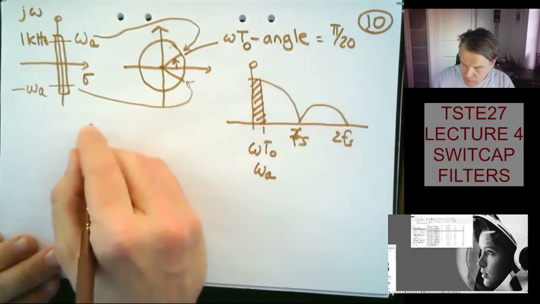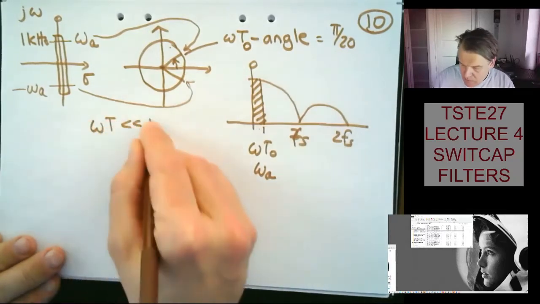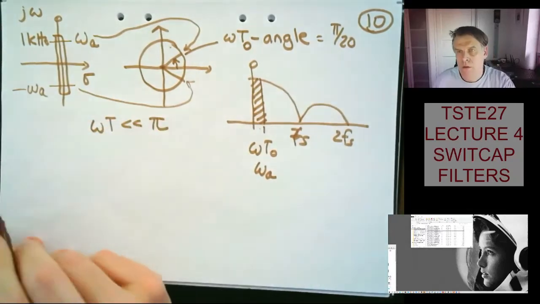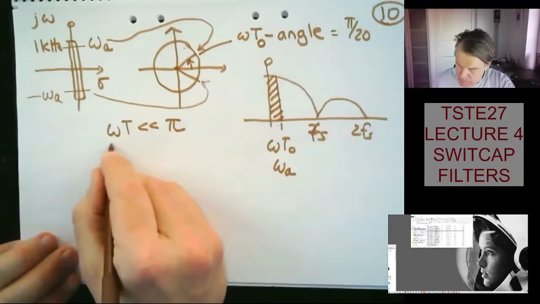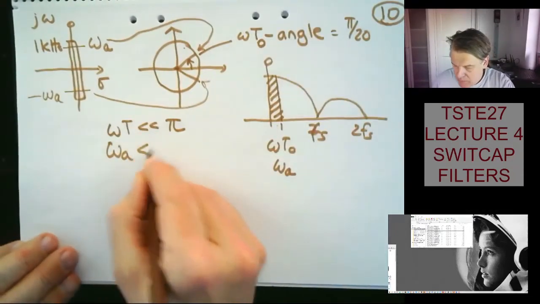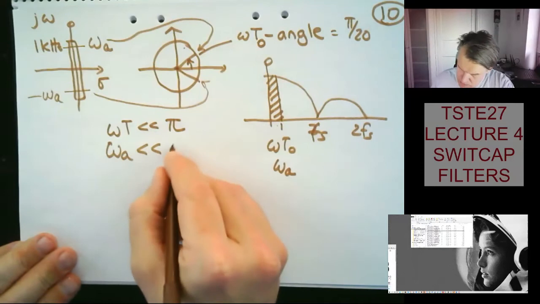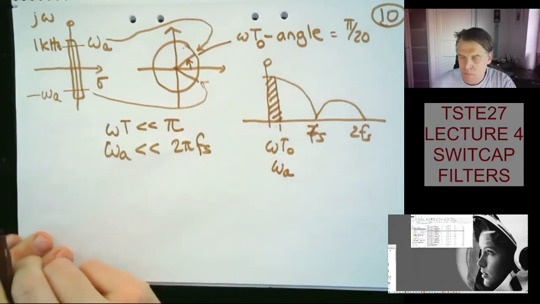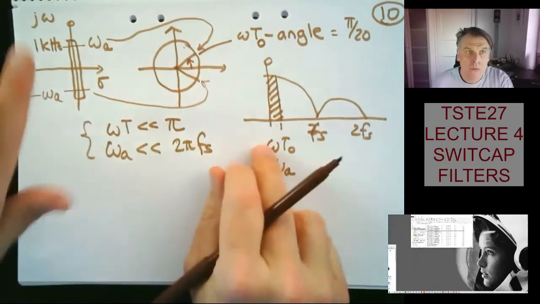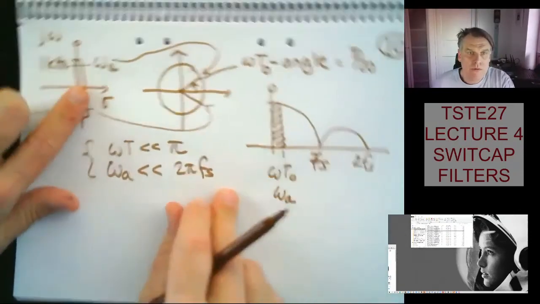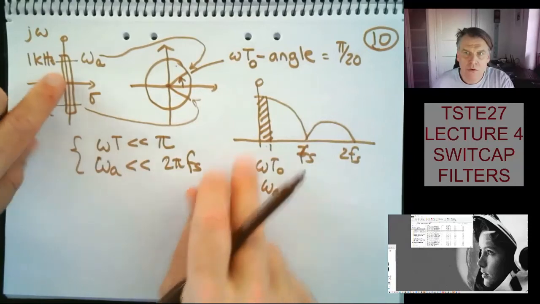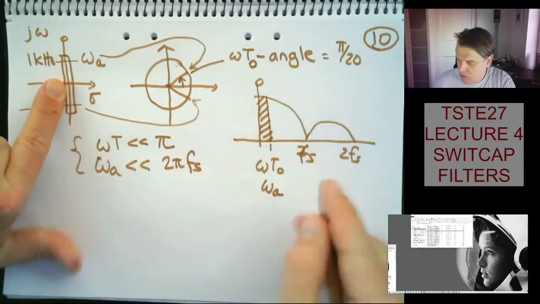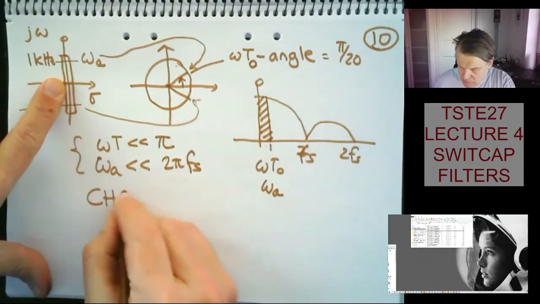So omega t is much less than pi. That's an effect of omega a being much, much less than 2 pi fs. Okay, so with the transformation also comes a certain choice. That's a choice you have to do in the lab.